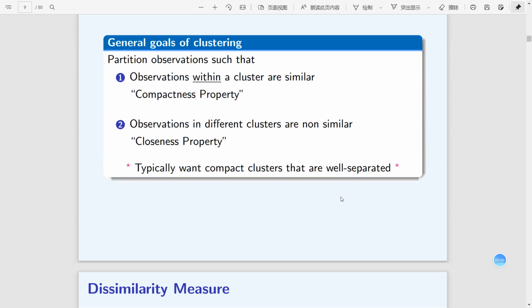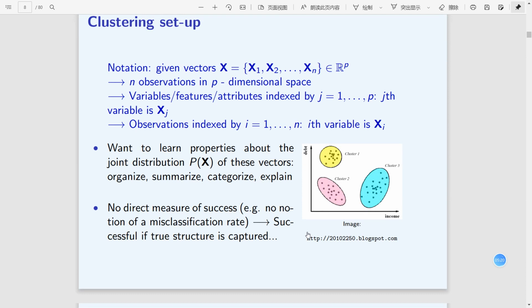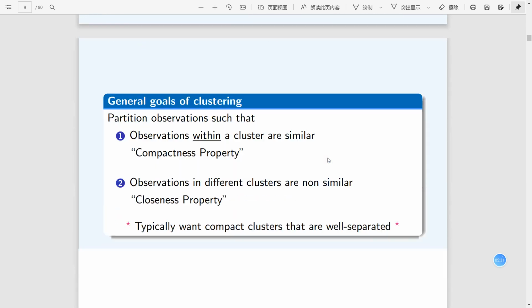So the goal of clustering is that every sample in a cluster must be closest to each other. In another way, they must be similar in terms of features. For example, in this example, the x1 value income and x2 value debt must be very close to each other within one cluster.